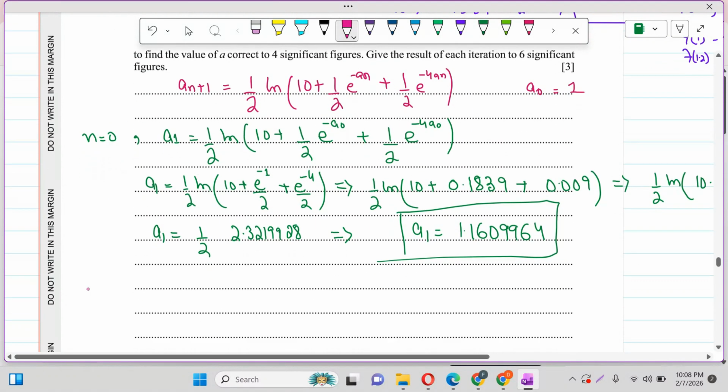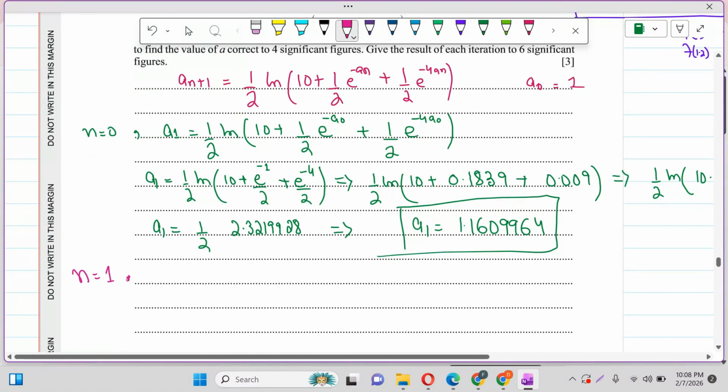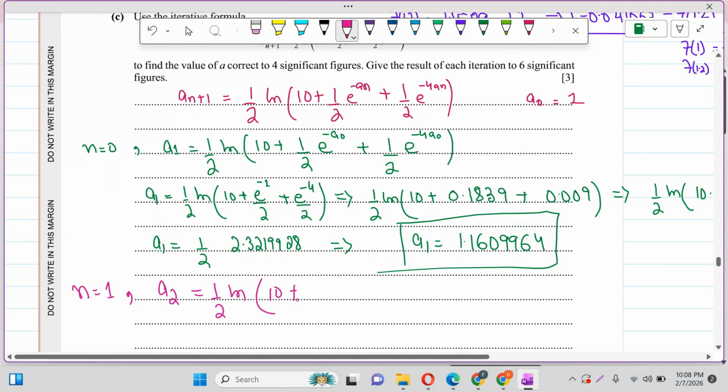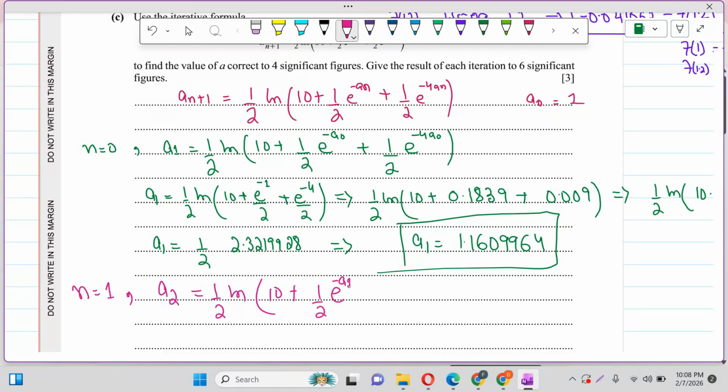Now we will plug this value of a1 to find the value of a2. So when n is equal to 1, we will have a n plus 1, meaning a2, equals half ln 10 plus half exponential of negative a1 plus half exponential of negative 4 times a1.